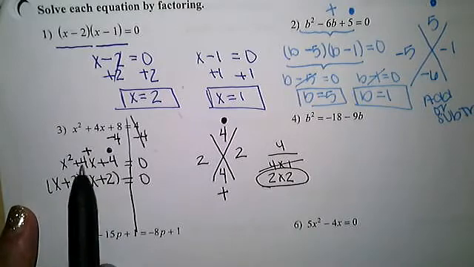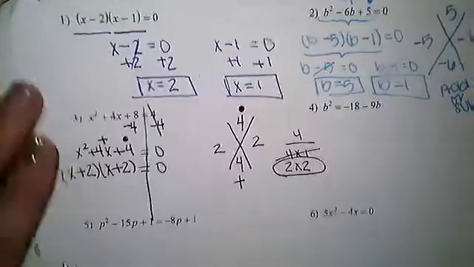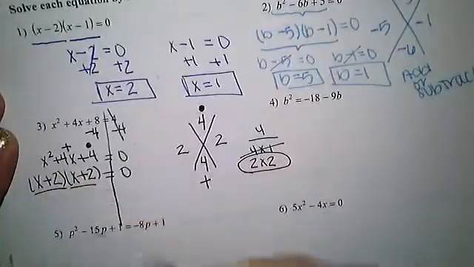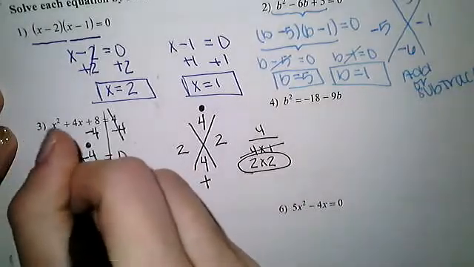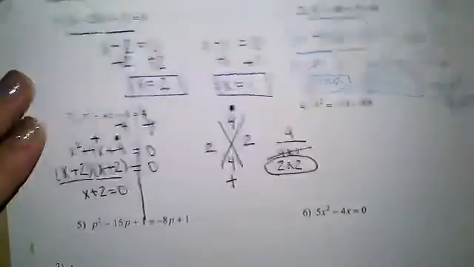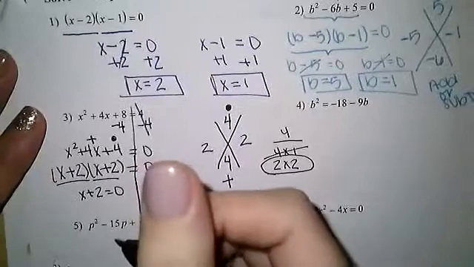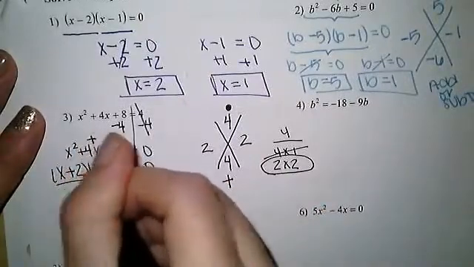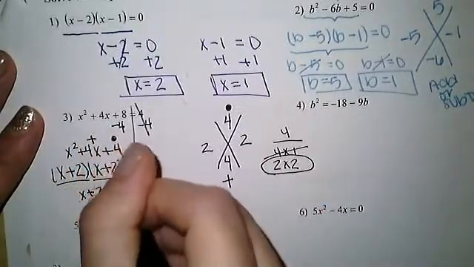And we know that 2x and 2x equals 4x. The cool thing about this one is these are the same, so you only have to do it once equal to 0. That means you only have one x-intercept. x equals -2.